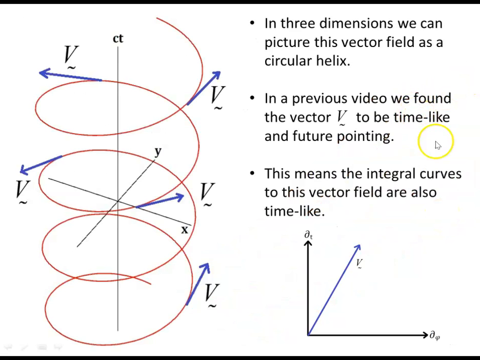Okay, we can have a look at that here. If you look at the combination of the phi basis vectors and the t basis vectors, the combination gives us a vector like this v at each and every point of this space-time. Now, in 3 dimensions, we could visualize it in a different way to what I've shown you in the previous page: ct, x, and y.